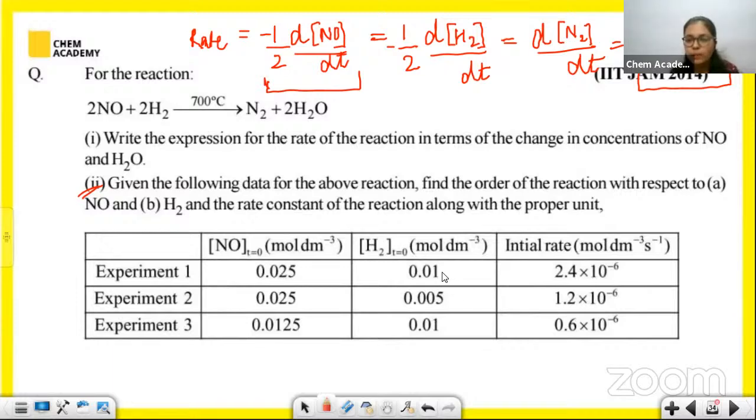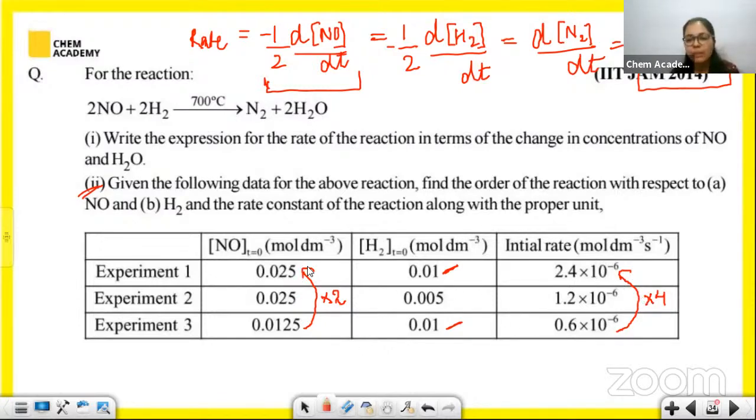Now here we can see that H2 is constant here and here, and on going from this to this value is actually getting doubled. If we multiply it by 2, then we will get this value, and over here this is actually 4 times. So from here what we can conclude that on keeping the value of H2 constant, if NO is getting doubled, then the initial rate is becoming 4 times.